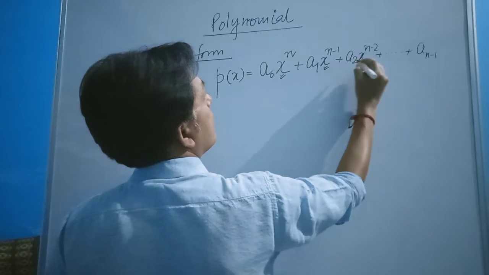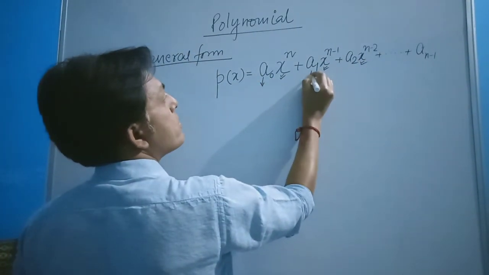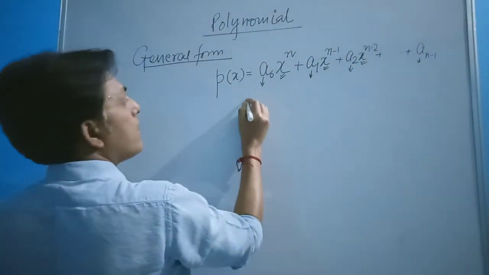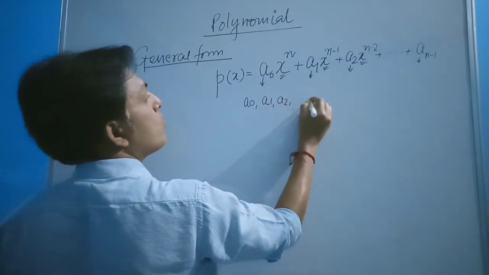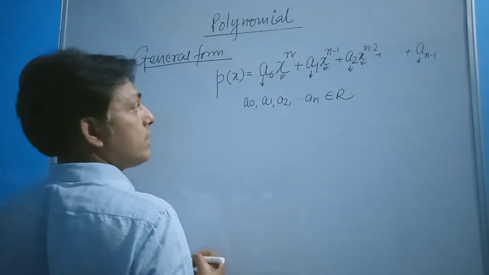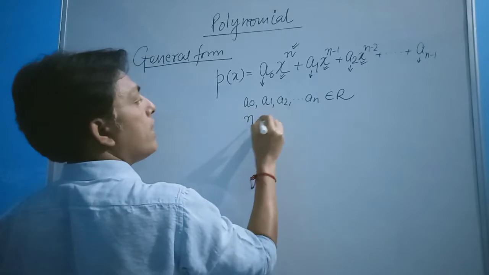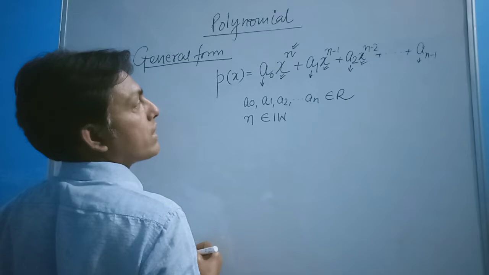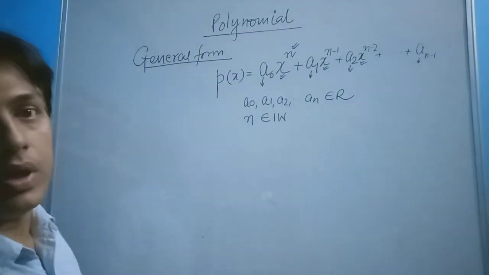Variable, constants means A0, A1, A2, An belongs to real number, but power n belongs to whole number. Correct? So this is the general representation of polynomial.